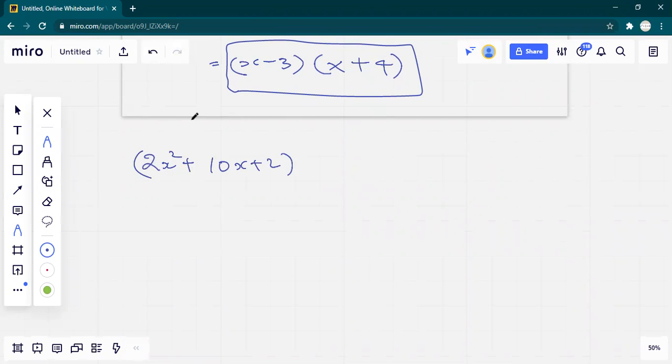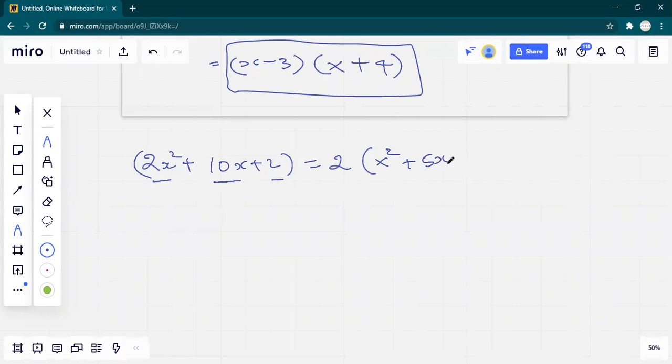Okay, yeah, we can factor a common factor from these three terms. Here it's a 2x squared, it's a 10x, it's a 2. The common factor here is 2. So if you take 2 from each term, 2x squared becomes x squared, and the 10x becomes 5x, because 5x times 2 is 10x.